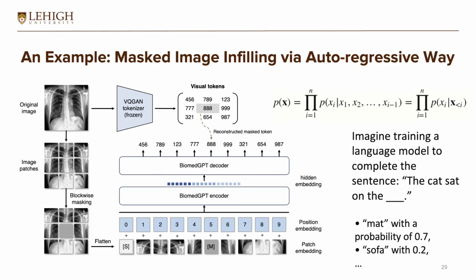During training we can use multiple losses: for language data we can use GPT-style autoregressive prediction of all the tokens, and for image data we can randomly mask a few tokens and reconstruct them. We call it masked image infilling via the autoregressive way.